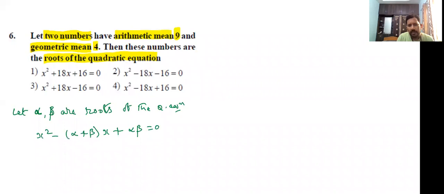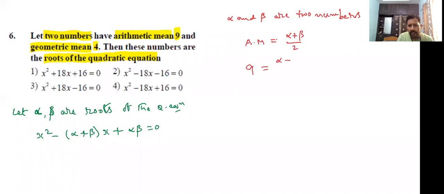The arithmetic mean is given. Here alpha and beta are two numbers. Arithmetic mean, this is the formula: alpha plus beta by 2. Arithmetic mean is 9, so 9 is equal to alpha plus beta by 2.